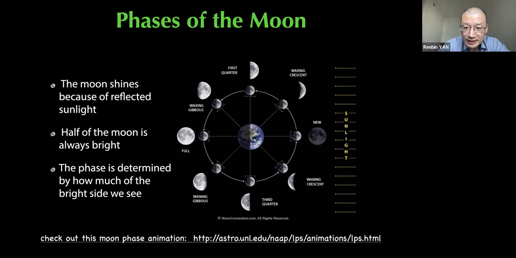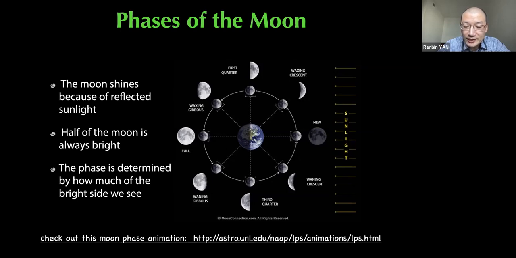You can see here there's a little dashed line on the slide, and this represents which part of the moon a person on Earth can see. Most of this part is going to be dark, and you may be able to see a little bit of this bright side. And that is why we have a crescent moon, where less than half of it is illuminated.